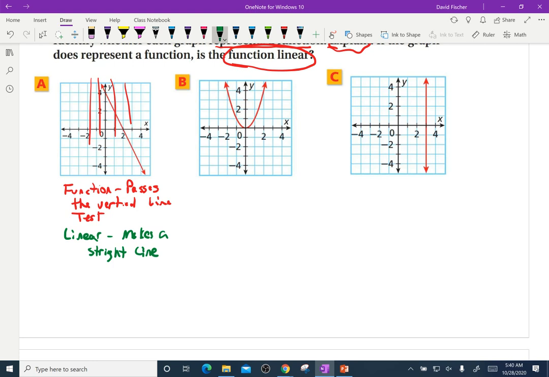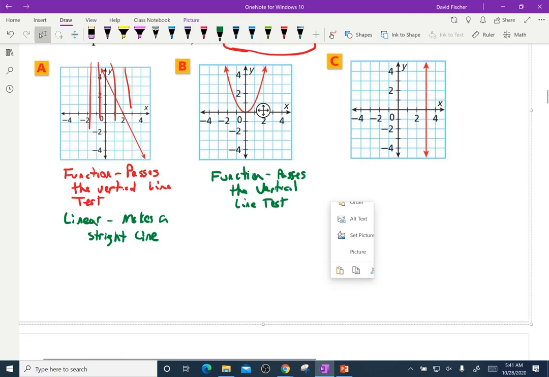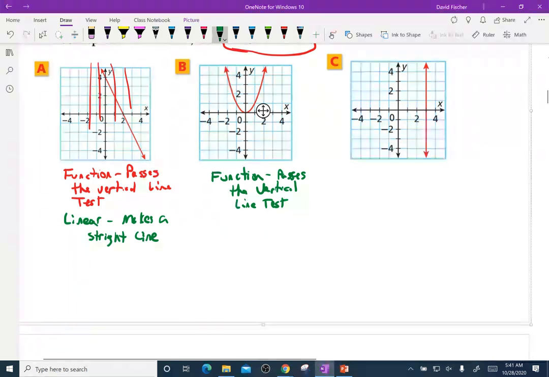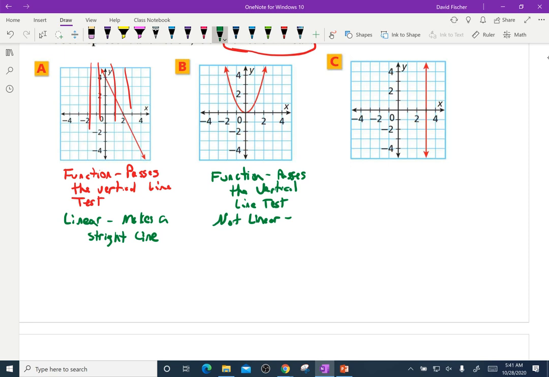This one here, it is also a function. We can say because they gave us a graph. But it is not linear. Line or the graph curves.